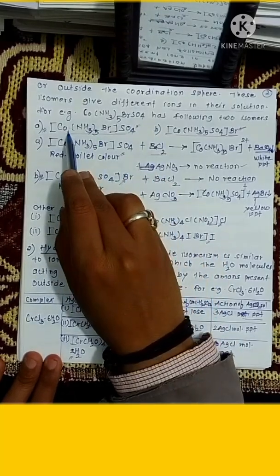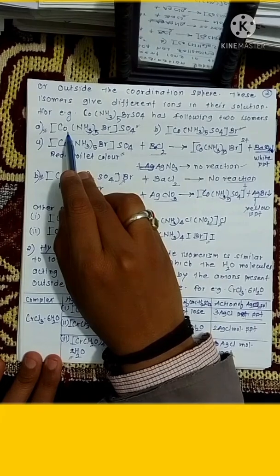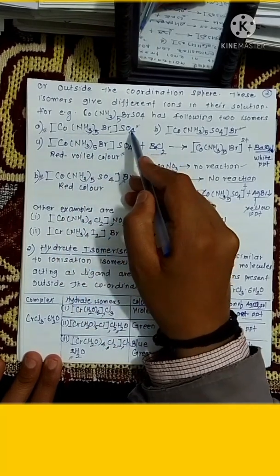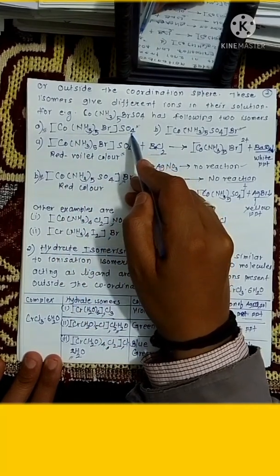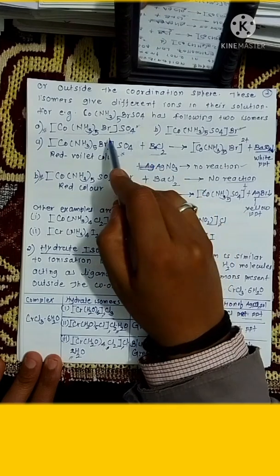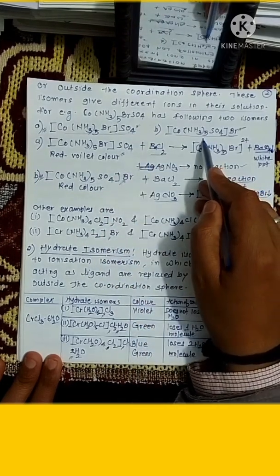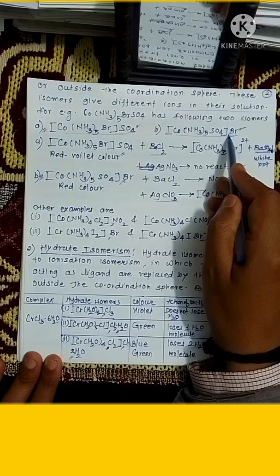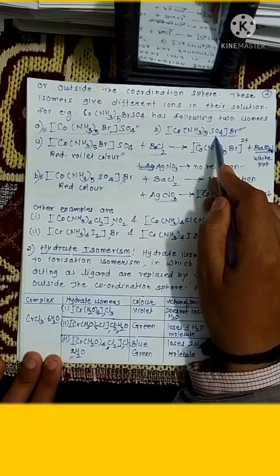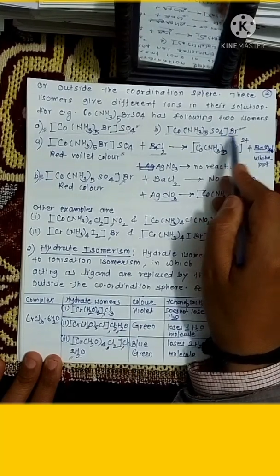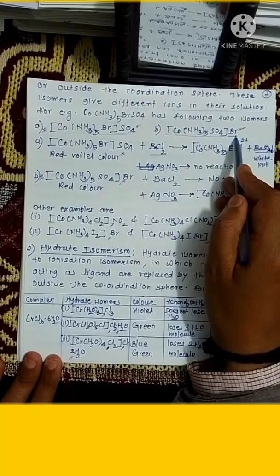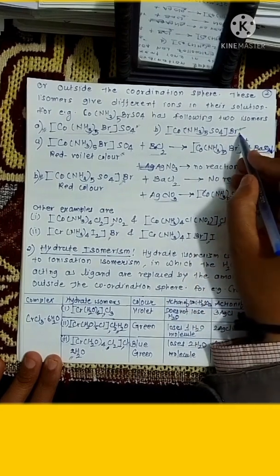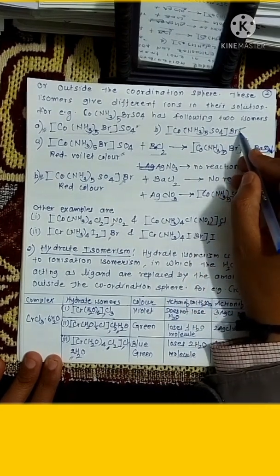In this formula, we clearly see that sulfate ion is a counter ion. But in this formula, sulfate ion comes into the coordination sphere and bromine ion goes out of the coordination sphere, and bromine acts as a counter ion.